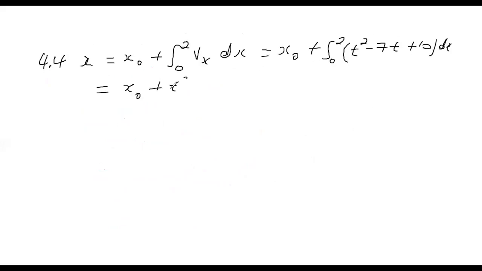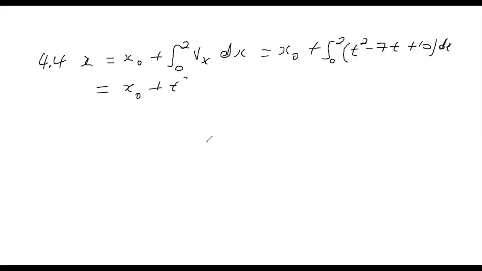That is 4.4. If we're given the function of velocity, then to work out the position we need to integrate. Of course, it's going to be from 0 to time, which is from 0 to 2 seconds, of Vx dt, plus the initial position.